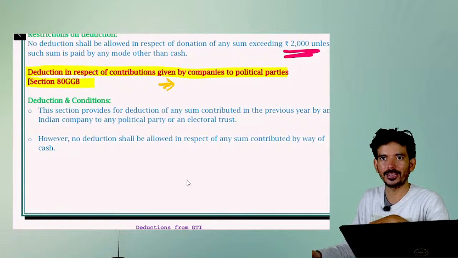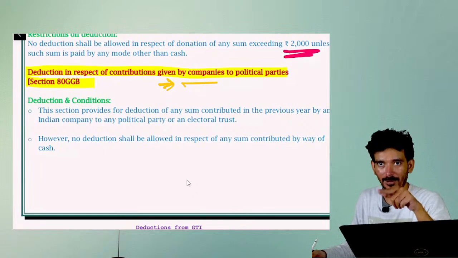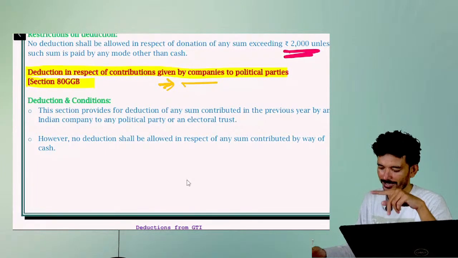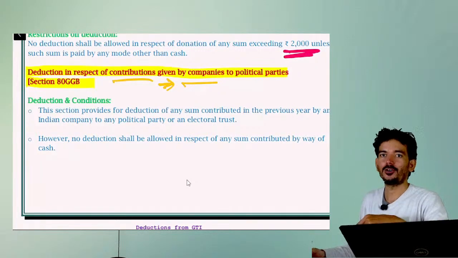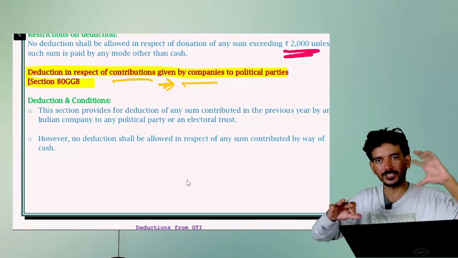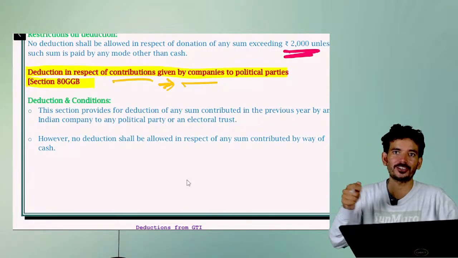So here you will claim it if you are a company. If you are a company and you are making some contribution to a political party that is disallowed in PGBP, it is allowed here. So when you are doing final assessment problems, full problems involving all chapters, at that time you need to have control of different chapters.